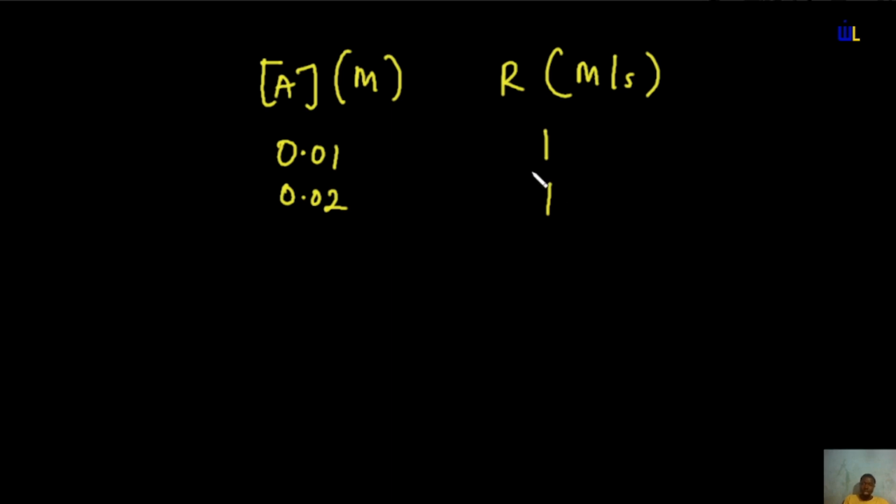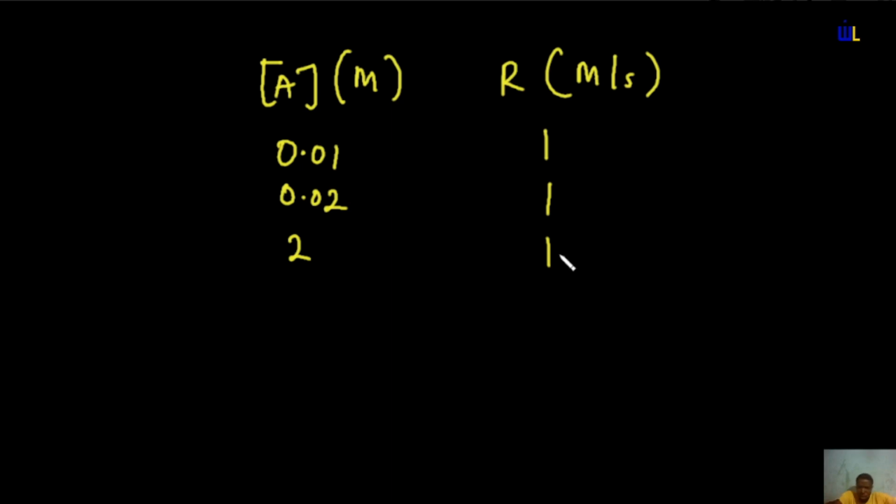So automatically, this is a zero order reaction. Even if I multiply this by 100, and this becomes 2, the rate will still remain 1. The implication is that the change in the concentration did not affect the rate in any way, and that is what we refer to as a zero order reaction. So once you look at an experiment and you notice that the concentration is changing but the rate is constant, this is referred to as a zero order reaction.